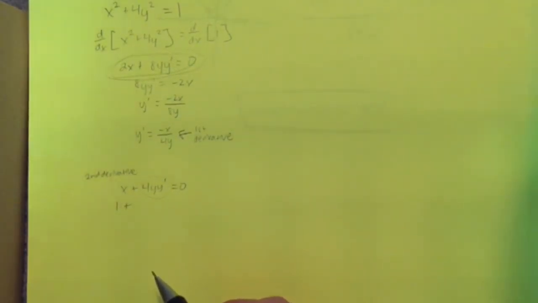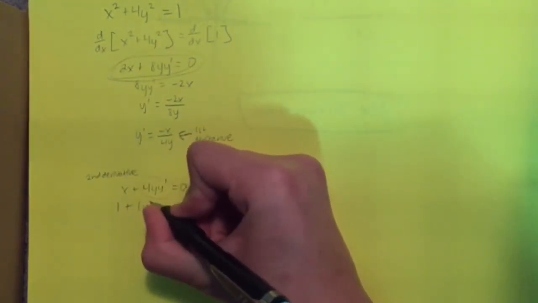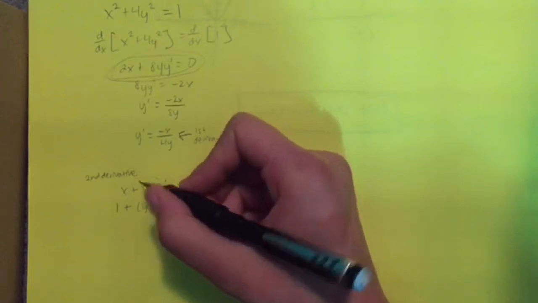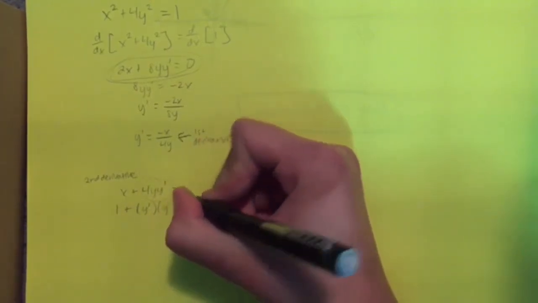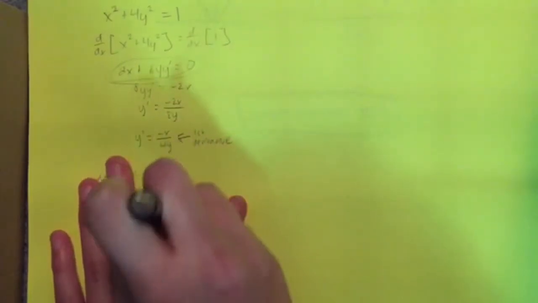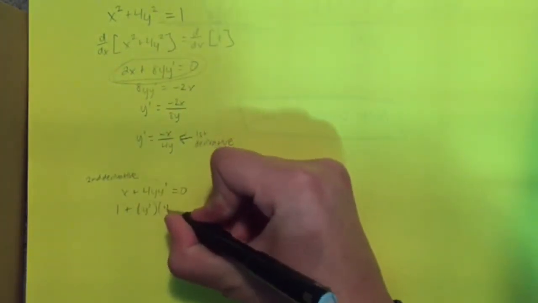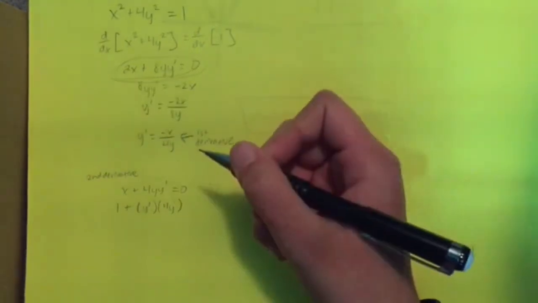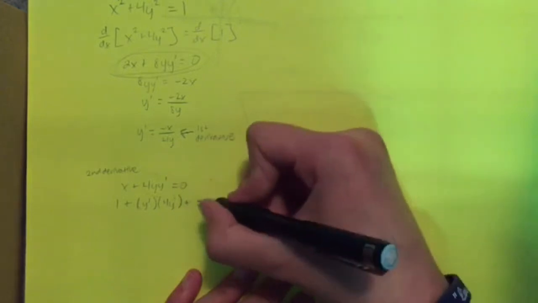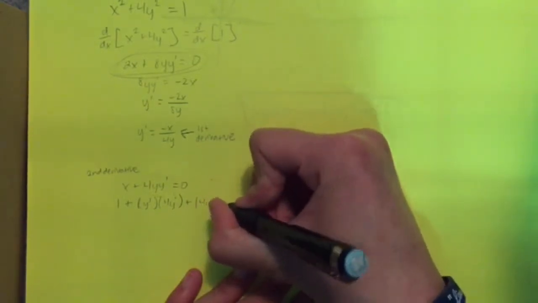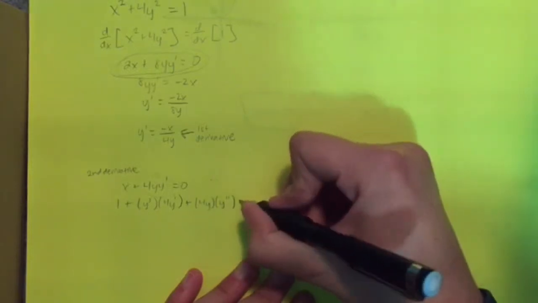So it's going to be the second term times the derivative of the first, 4y prime, plus the first times the derivative of the second. That's going to equal 0.